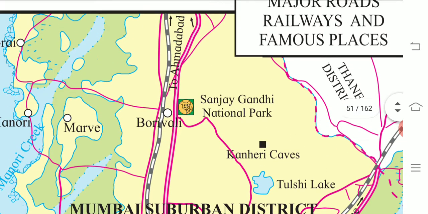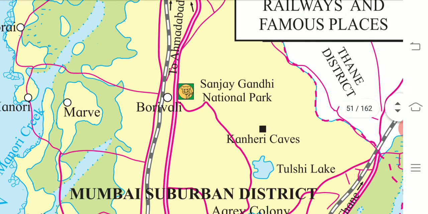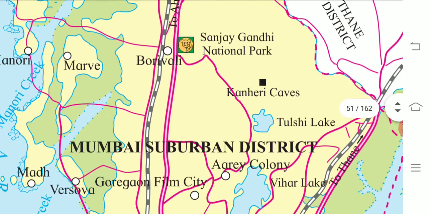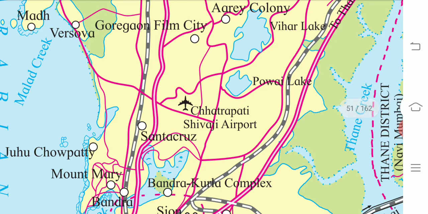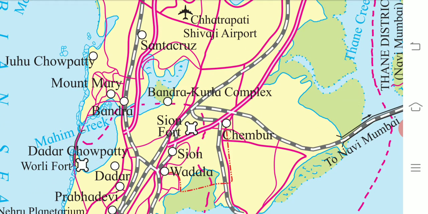Now in this map we can see Sanjay Gandhi National Park here. Then Kanheri Caves are located with the black spot. Then there's Chhatrapati Shivaji Maharaj Airport here. Sion Fort is located with this sign, and there's also Dadar Chowpatty, and below that there's Worli Fort.